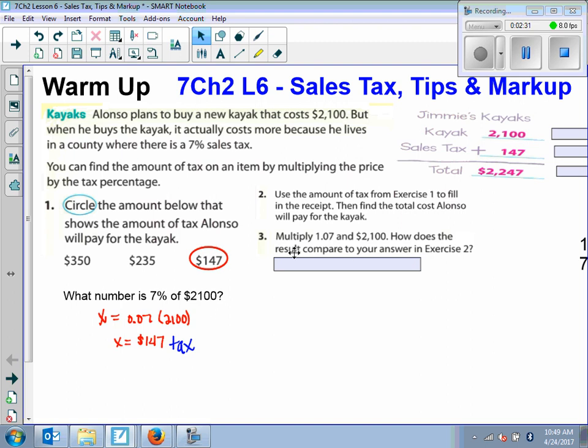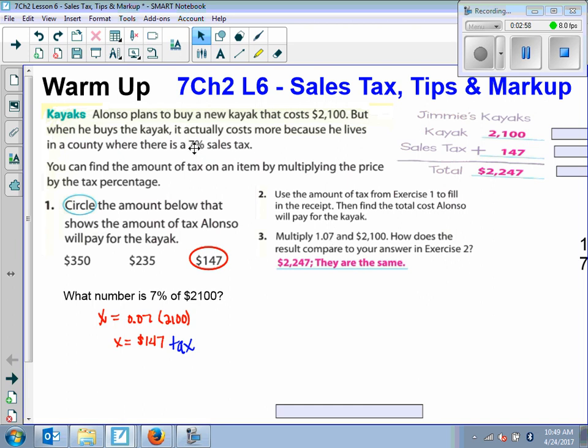Now, number 3 says multiply 1.07 times 2,100. And then we want to know, how does the result compare to your example in problem 2? Very good. So when you multiply 1.07 and 2,100, you get the same thing. Huh. Well, why is that? The 0.07, what is the 0.07?